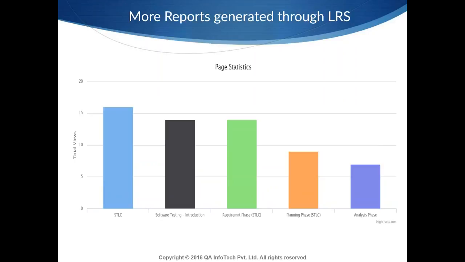So given each page in the course, what are the total number of views, which depicts the popularity of any given page. If a page is not being seen too many times, maybe it is complex, maybe it is not finding any favorites. So those kind of results can be generated through this graph.